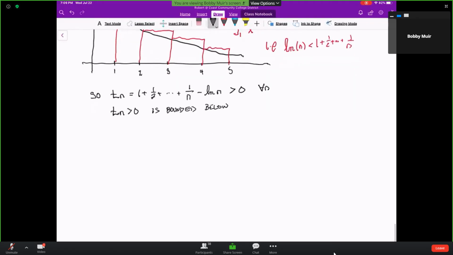So the Tn guy is bounded below. If I was to draw the rectangles now differently, I'll draw one big guy like this, and I'll do the rest there.